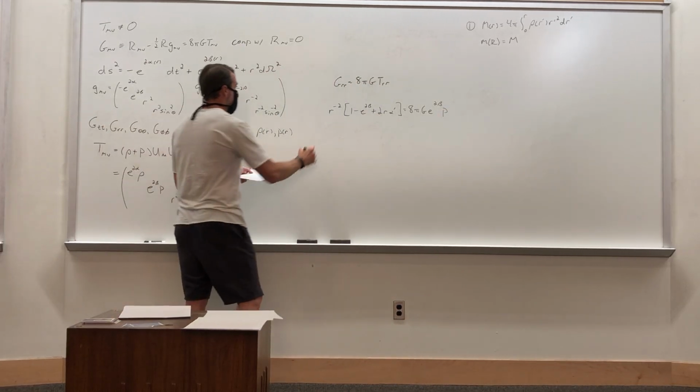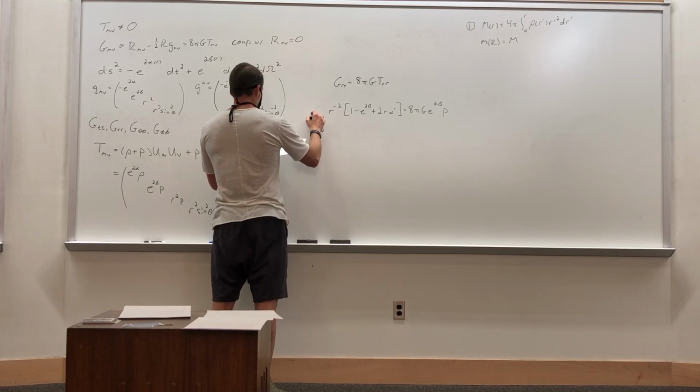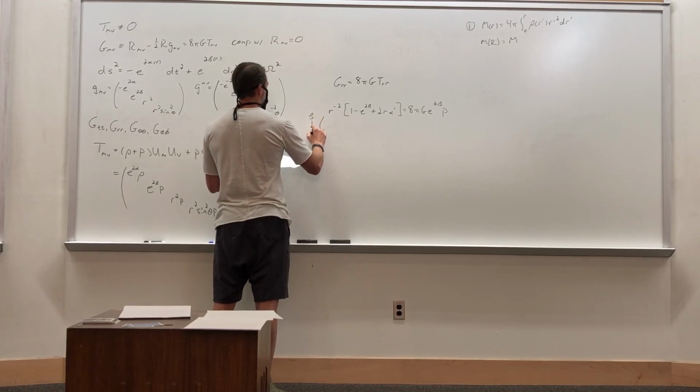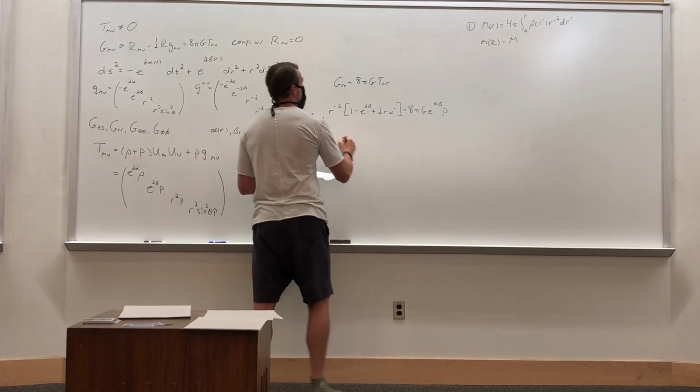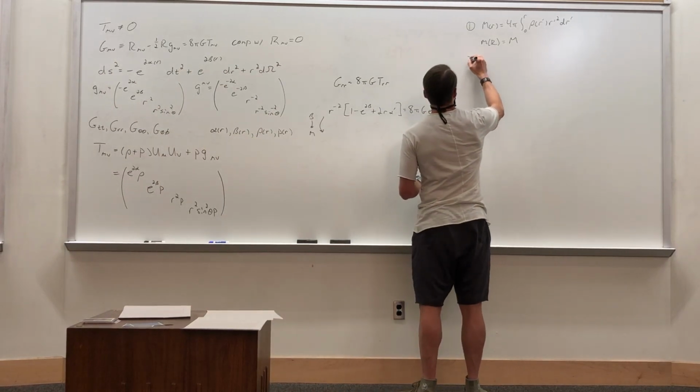Now once again, we can do the beta goes to m transformation. This is going to give us the following, which I'm actually going to write up here.